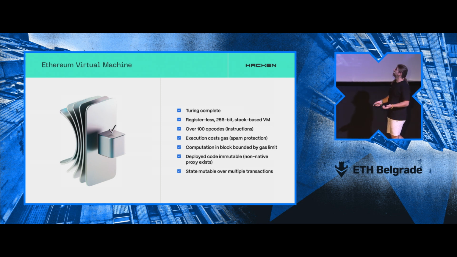You're all familiar with that for spam protection, and computations in blocks are bounded by the gas limit. Also, the deployed code is immutable, though non-native proxy patterns like the OpenZeppelin one exist, and state is mutable over multiple transactions.